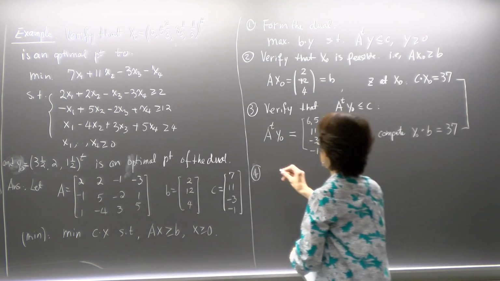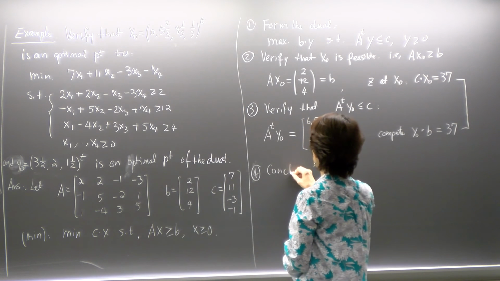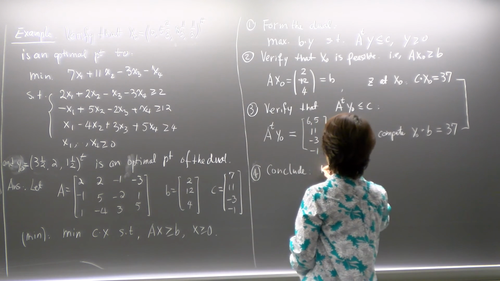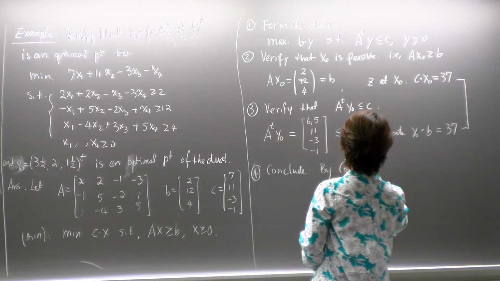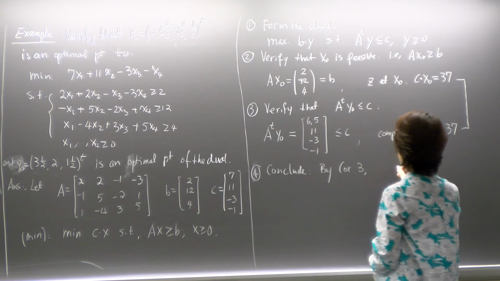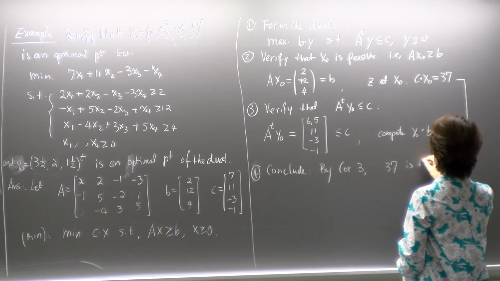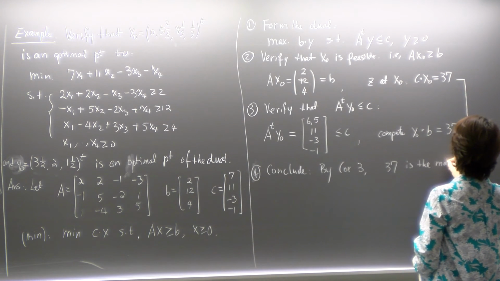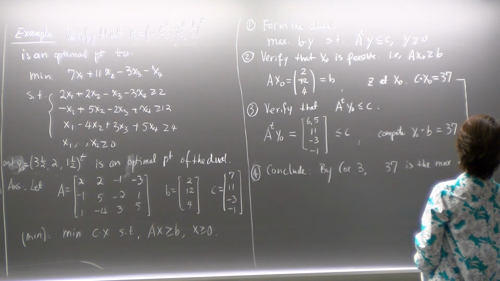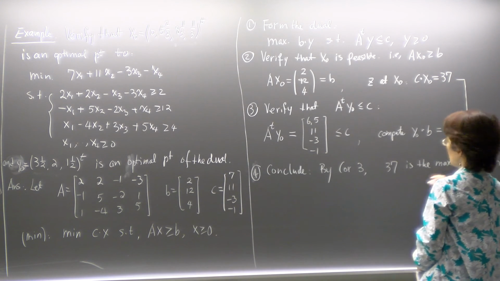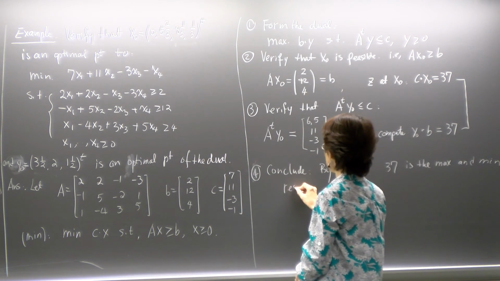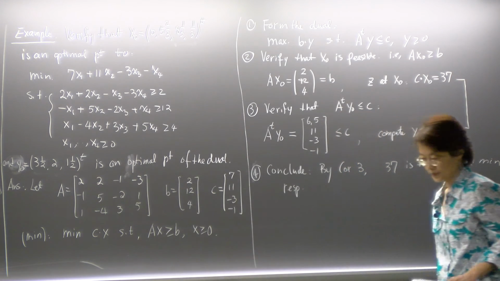So conclude by corollary 3 that 37 is the max and the min for these two problems, respectively. So you reach that.